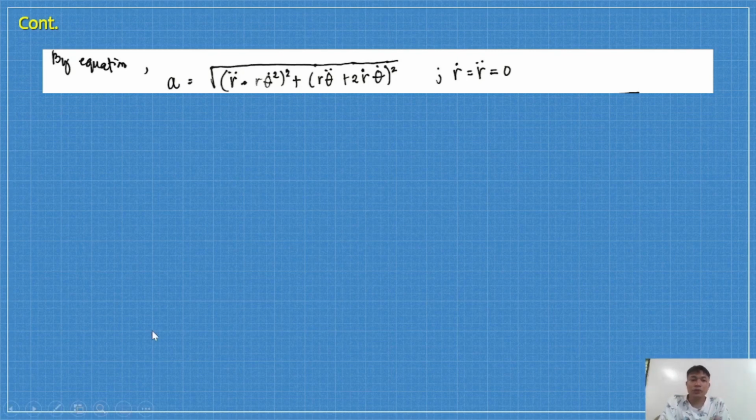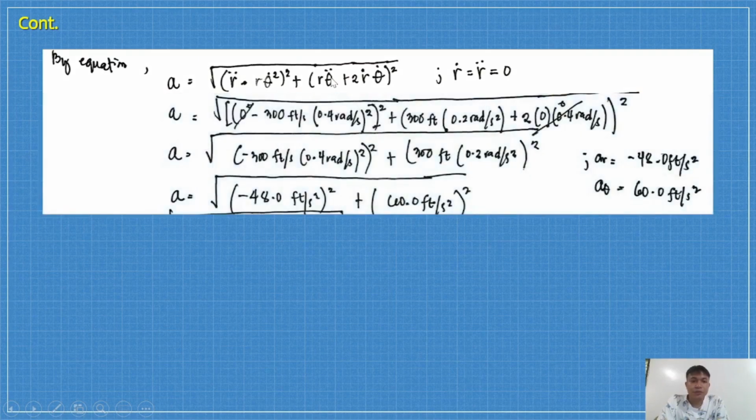This r double dot is the second derivative of the radius. In this case, r dot is equal to 0 and r double dot is also equal to 0, so those terms become 0. What remains are the terms with r.